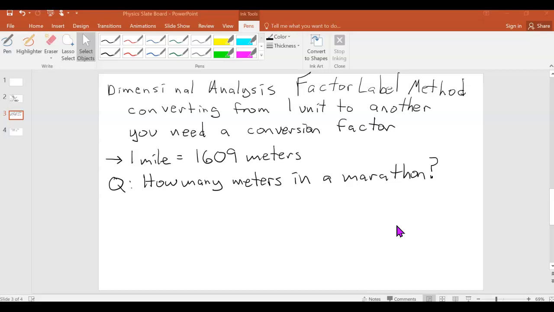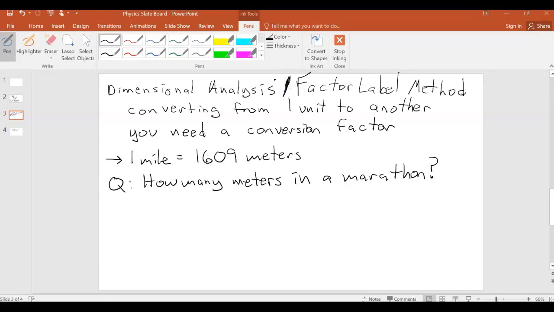Today's lesson is going to be on dimensional analysis, which some people call the factor label method.